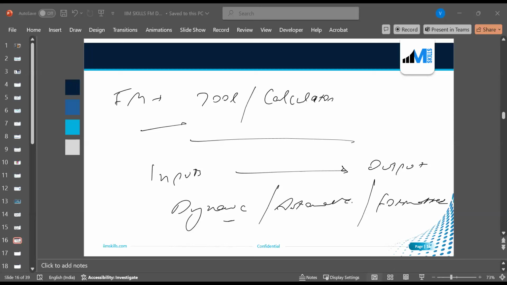Also, as a part of the job guarantee, we cover the freelancing part. The goal of the course is not only to get you a job, but to get you a skill that can help you make money. Money can be made through jobs 100%, but also outside jobs. Financial modeling is a language spoken by everyone across borders.